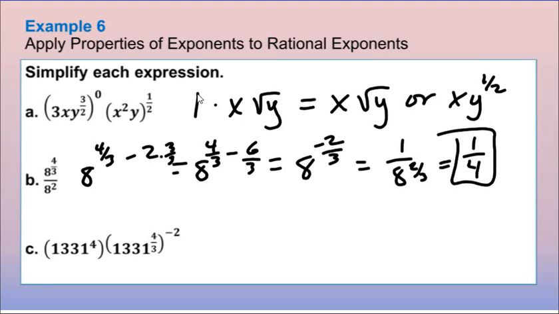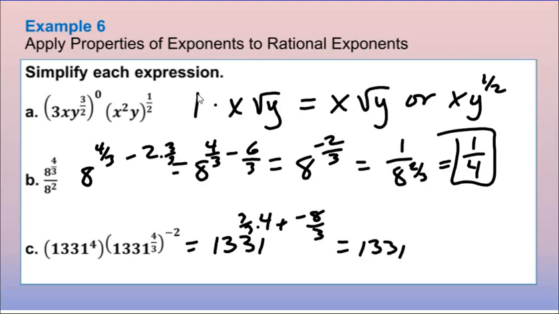So when I simplify this one, this is going to be 1331 to the 4 plus, this would be a negative 8/3. So I have to add those. This would be multiplied by 3/3. I would have 1331 to the 12/3 minus 8/3. 12/3 minus 8/3 would be 4/3.